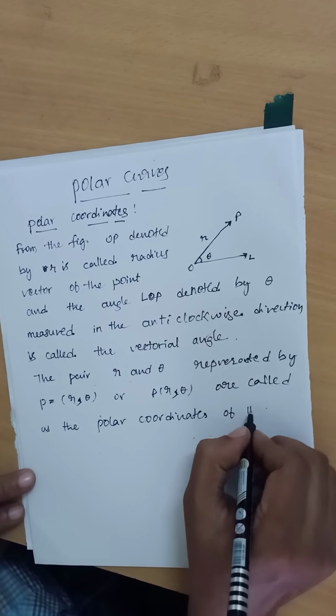You can compare this with the Cartesian coordinates x comma y. X is horizontal, y is vertical. To analyze the plane, we have another coordinate system, that is polar coordinates. Here OL is the base.